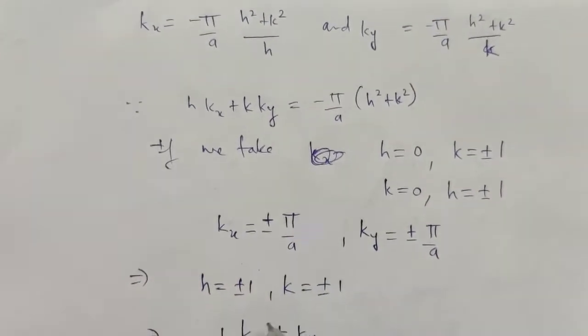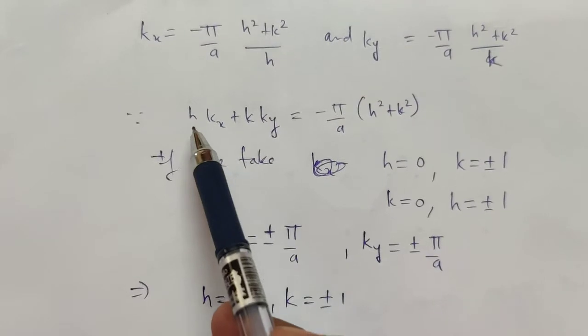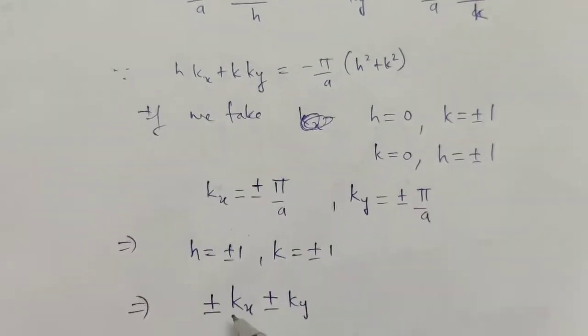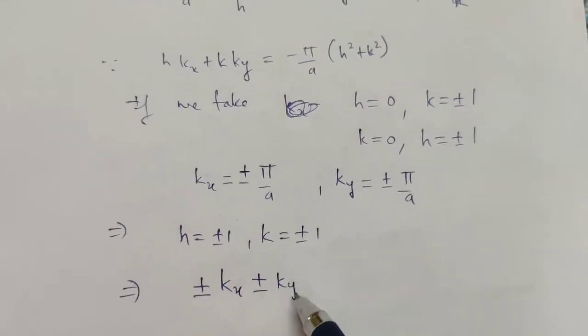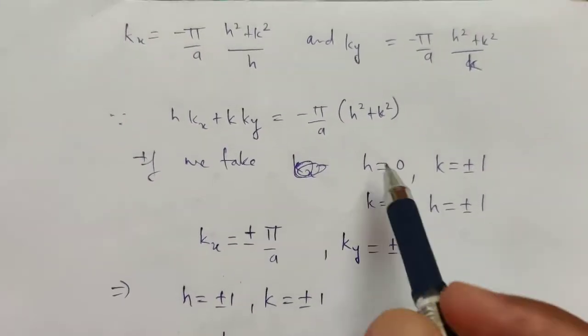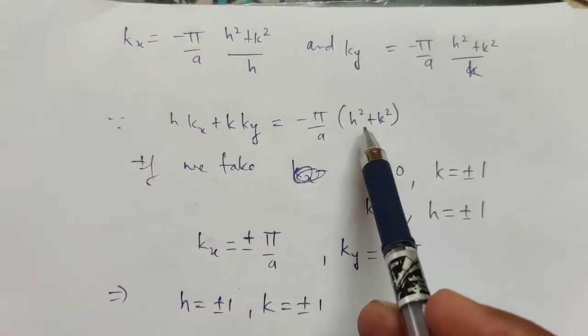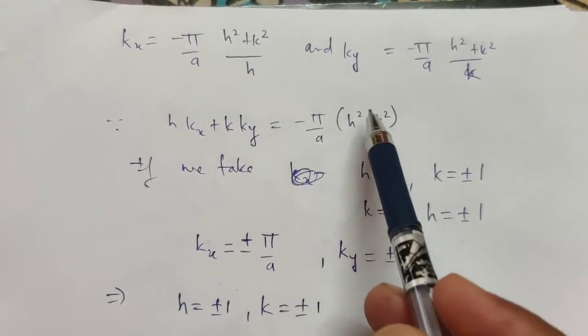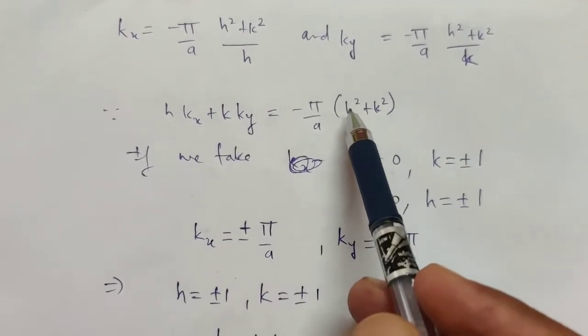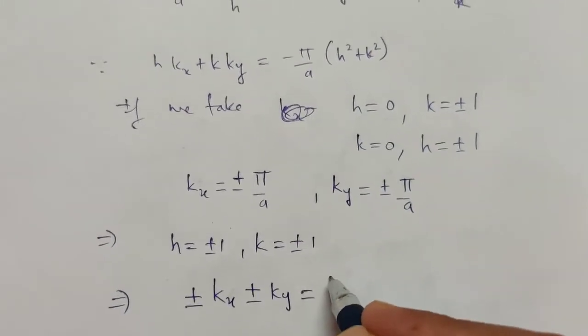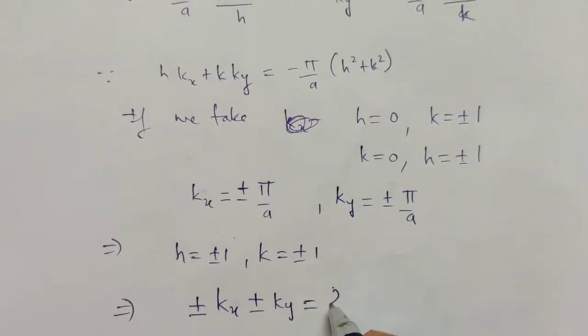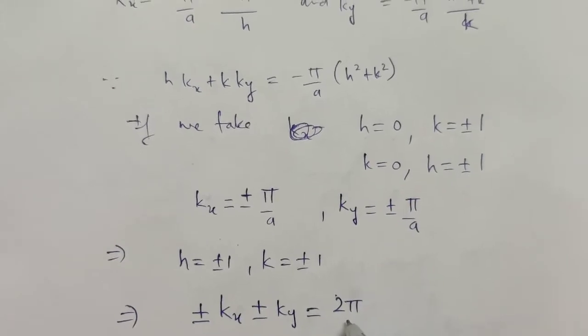Here h is equal to plus minus 1, so this is kx, k is equal to plus minus 1, so this will be ky, and plus minus 1 squared will be 1 plus 1 equals 2, so this will be plus minus 2 pi upon a.